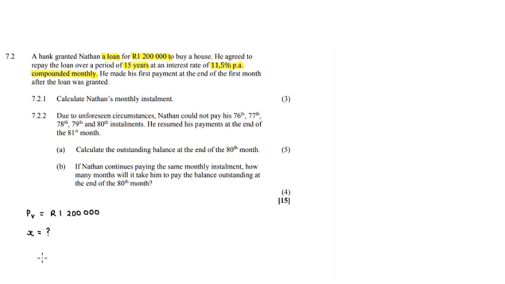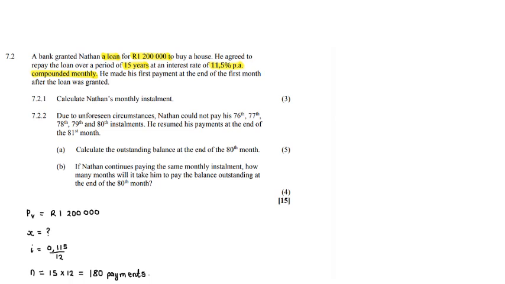His interest rate is 0.115 compounded monthly. And his N right now is going to be the 15 years times 12, which is going to be 180 payments which are required to settle this loan.